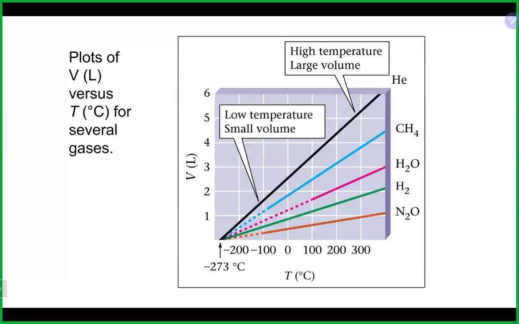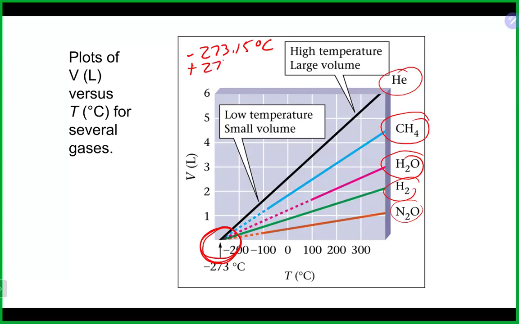If you take any of these gases' straight lines and extend them all the way back to the temperature axis, they all cross at the exact same point: minus 273.15 degrees Celsius. Converted into Kelvin, we would add 273.15, and that is what is known as 0 Kelvin, or absolute zero, later named after Kelvin.